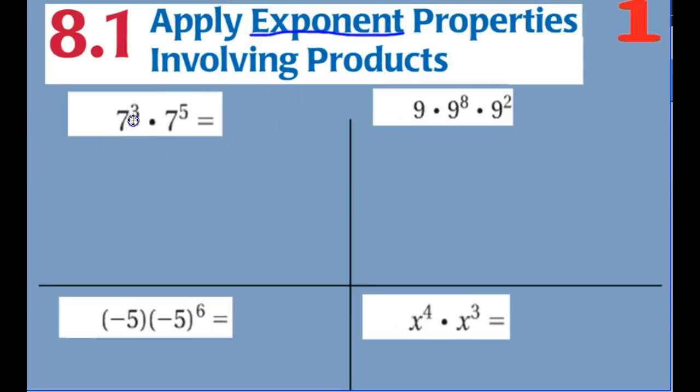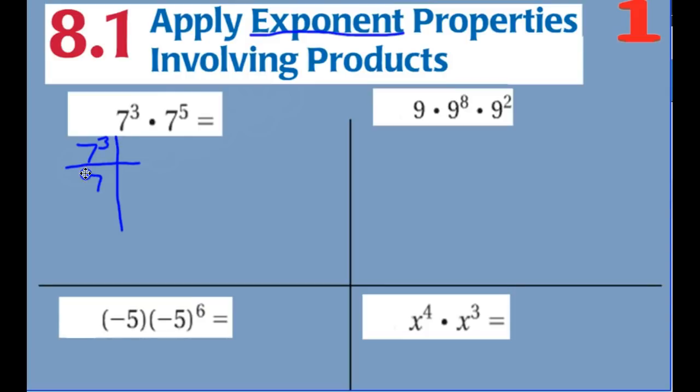Here we have 7 to the power of 3 times 7 to the power of 5. How we're going to solve this when it's a multiplication problem is we're going to see how many 7s we have. In 7 to the power of 3, we have 3 7s.